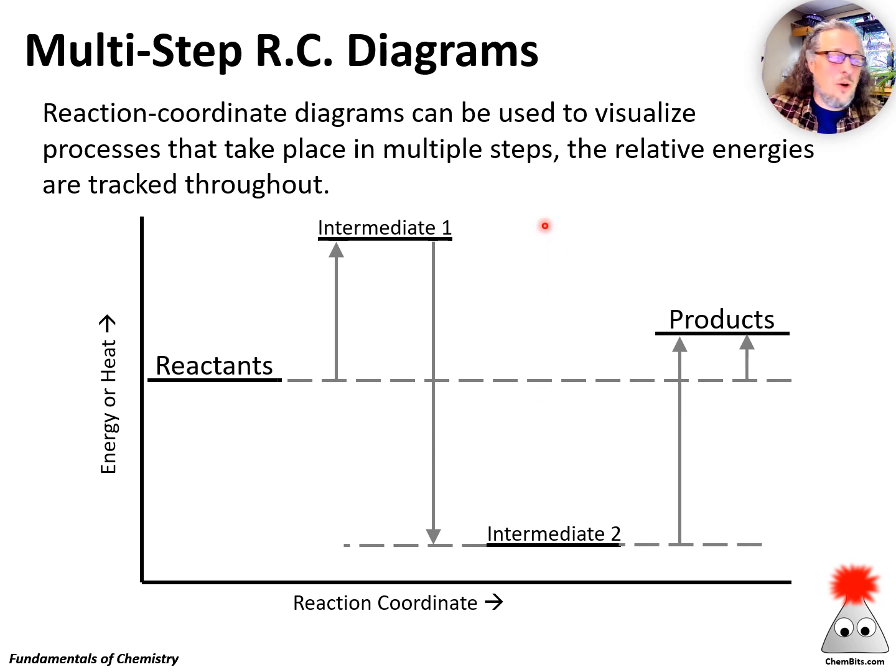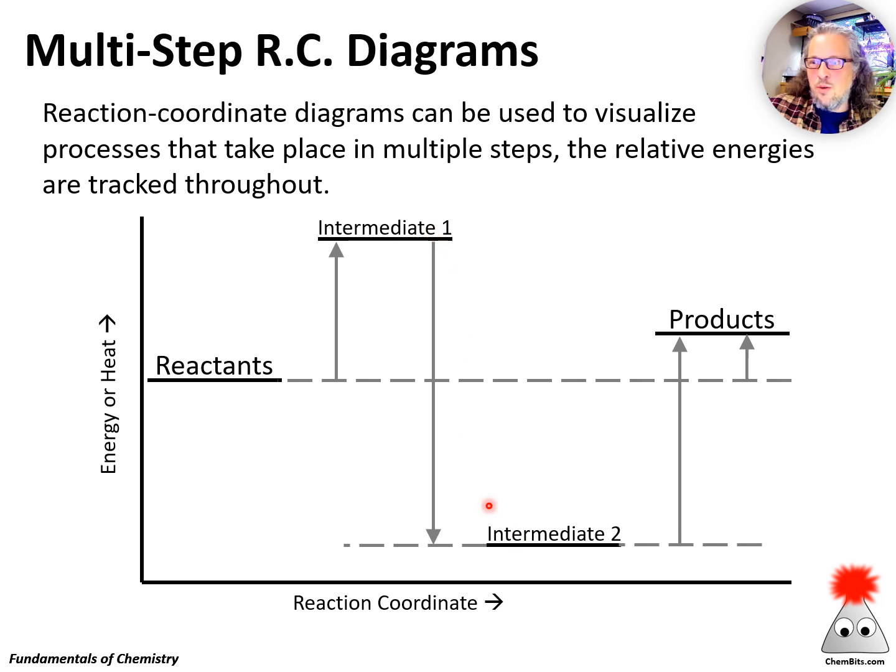One of the nice things about reaction coordinate diagrams is we can use them to look not just at single step processes, but at multiple step processes. If I've got reactants and products, and let's say it goes through a couple steps, I turn my reactants into the first intermediate, and in this case that required some heat, so I had to add heat into it.